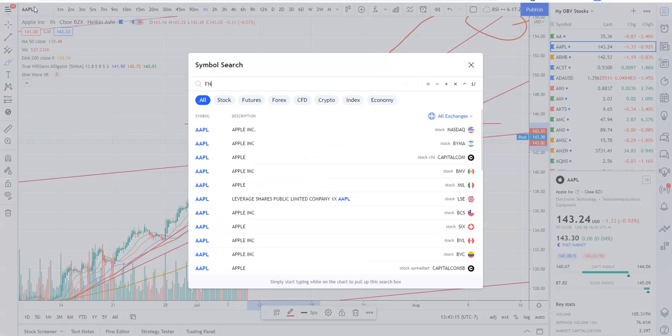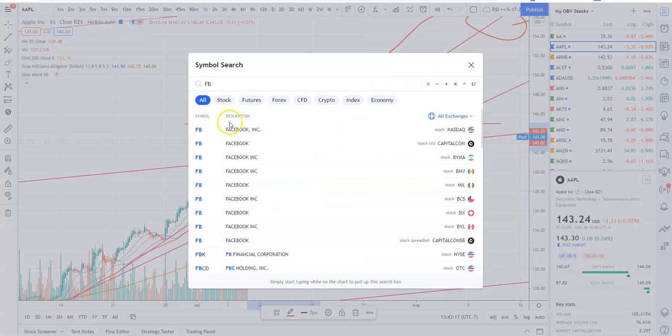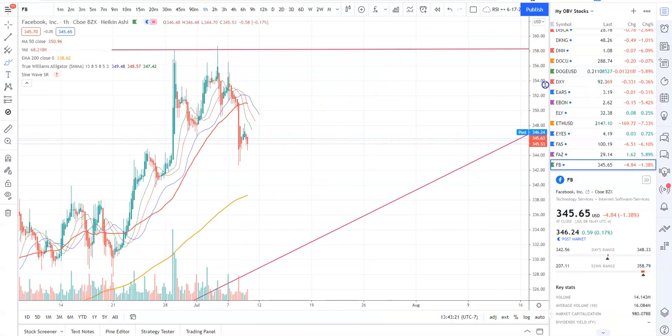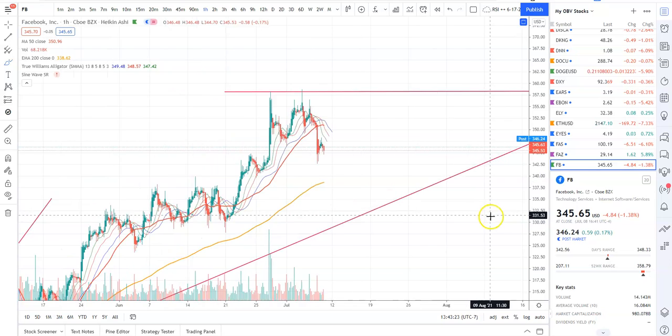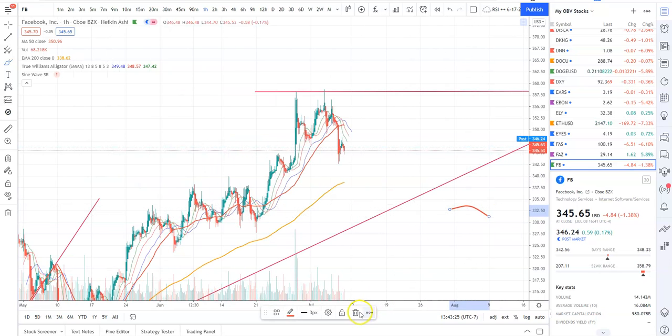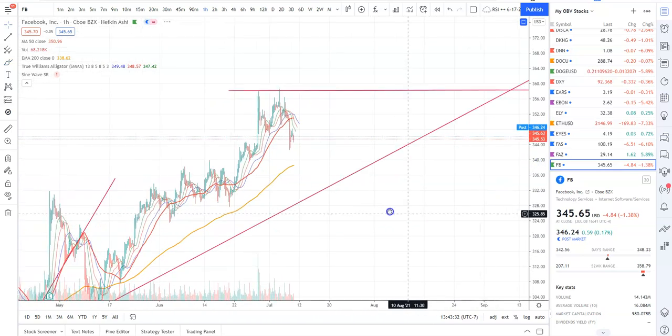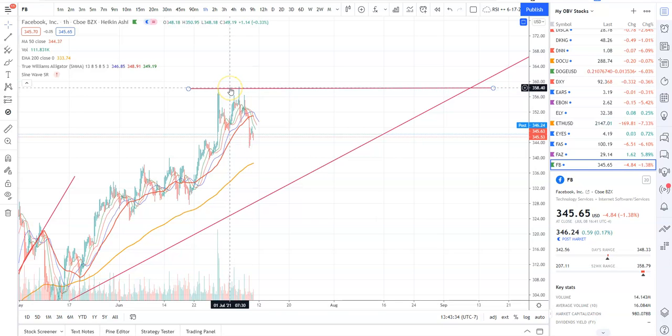Facebook, same thing. Take a look here at Facebook. Interesting chart, but it also supports the idea that it's tagged this resistance line twice up here at 358.